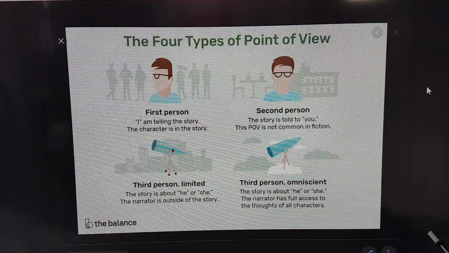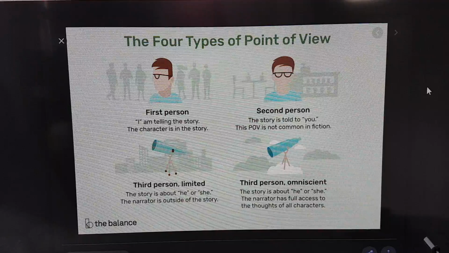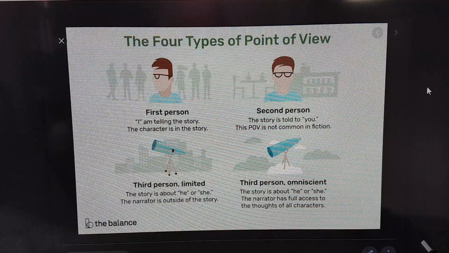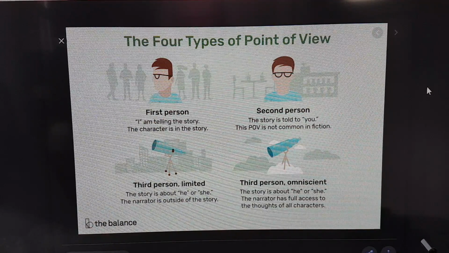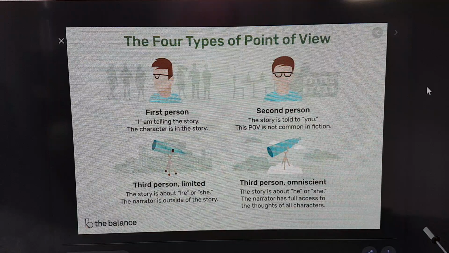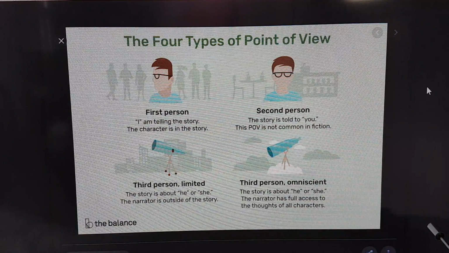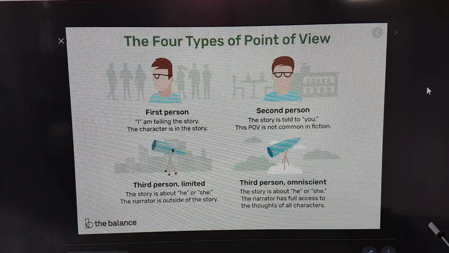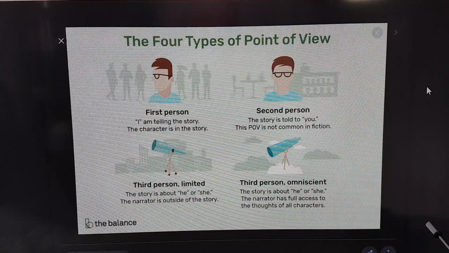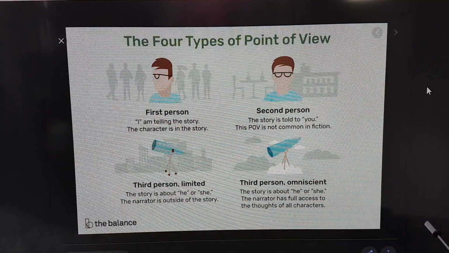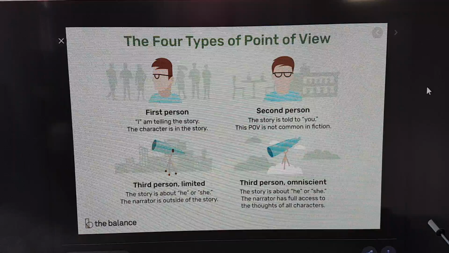Can't think of any. Well, now that I come to think of it, you do have a second person perspective sometimes in letters.